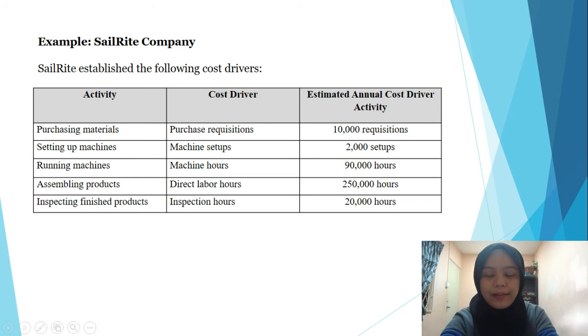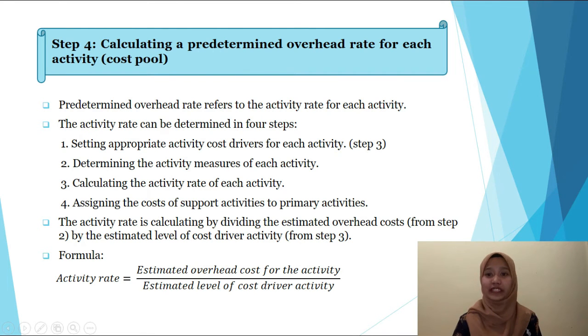Next is step 4, which is calculating a predetermined overhead rate for each activity cost pool. The predetermined overhead rate refers to the activity rate for each activity. The activity rate can be determined in 4 steps. First, we must set the appropriate activity cost driver for each activity, as shown in step 3.